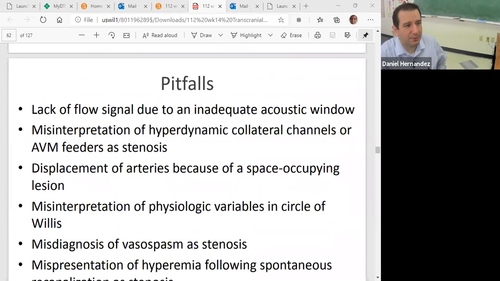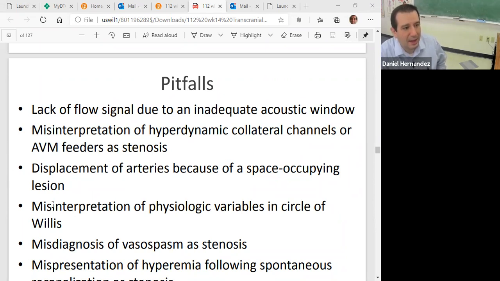So some potential pitfalls could be lack of flow signal due to inadequate acoustic windows, misrepresentation of hyperdynamic collateral channels and arterial and venous malformation feeders at stenosis or as stenosis, displacement of the arteries because of a space occupying lesion.